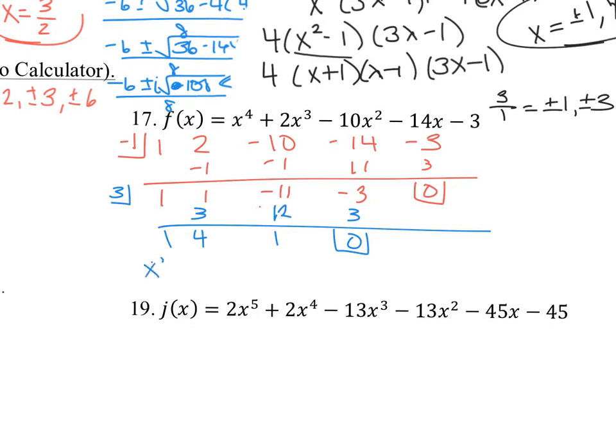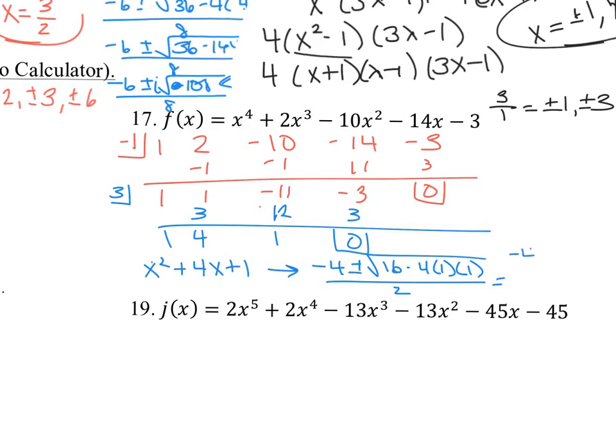So now I'm left with x squared plus 4x plus 1. I can't factor that. Quadratic formula, which means those answers probably are imaginary, but let's just test it. Negative 4 plus or minus the square root of 16 minus 4 times a times c, all over 2 times a, which is 2.